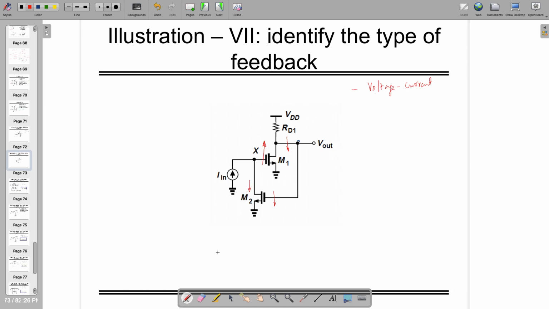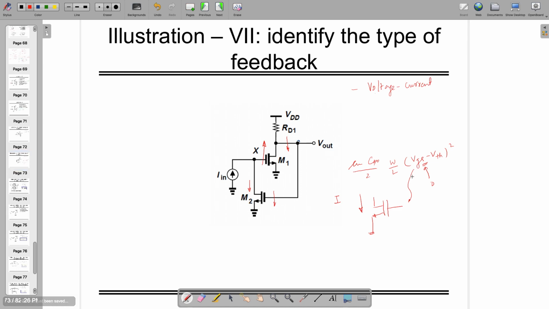Look at this. This is not the way it is happening in the previous case, because if you remember, the current flowing through this one depends on mu n Cox by 2, W by L, VGS minus VTH whole square. So VGS: the source is already connected to ground, so only the gate is playing the role over here.